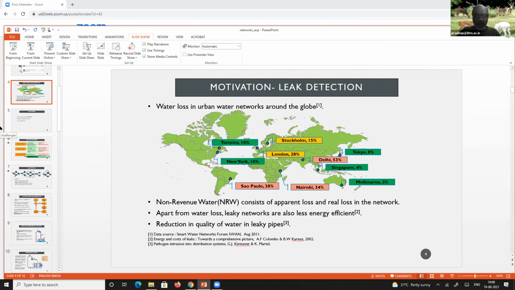If I take East Asia and these developing countries, versus Vietnam or Cambodia, where the leak is less, is it because of better social awareness or better billing mechanisms, or what is it?